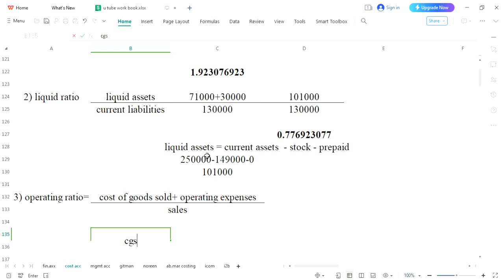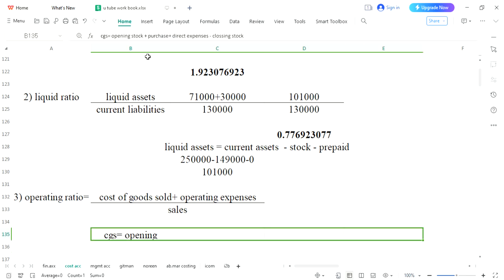The first method of cost of goods sold calculation is opening stock, then you will add your purchases, then add direct expenses, after which you will subtract your closing stock. In the CGS chapter, we have already discussed it.